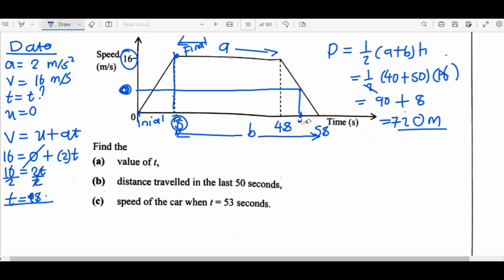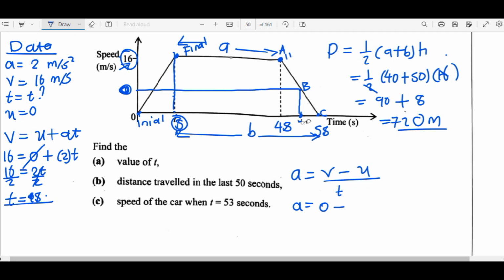So if that is the case, what are we going to do? First, we are going to find the deceleration for this line. Let's call these points A, B, C. Let's find the negative acceleration between A and C. So acceleration is equal to final minus u over t. Whenever the line is touching the x-axis, or whenever an object comes to rest, the final is always 0. Then the initial is this number.